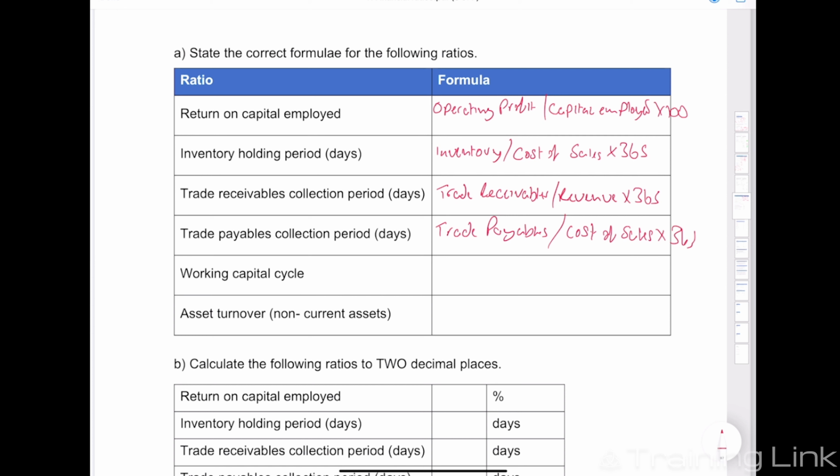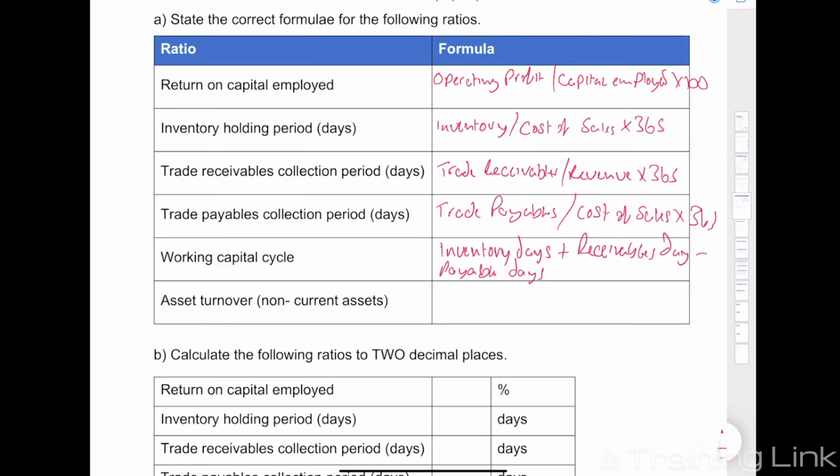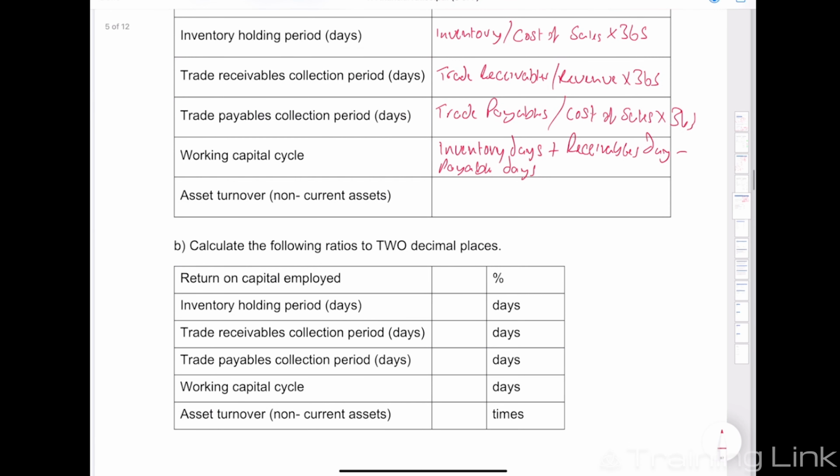And then the working capital cycle is your previous 3. So it would be inventory days plus receivables days minus payable days. And then lastly, asset turnover using non-current assets would be revenue over non-current assets.